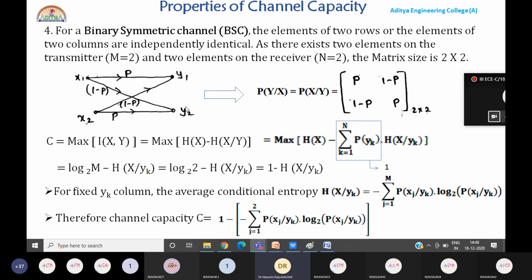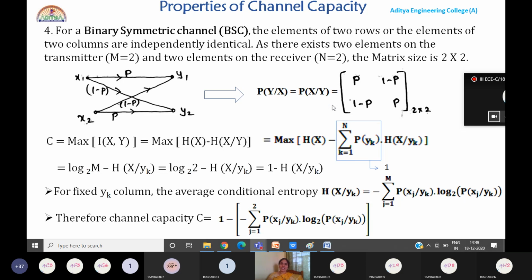Okay, so this is a corresponding binary symmetric channel, and here you can see the corresponding probability matrix. So here we are calculating the probability of Y knowing the receiver X1 and probability of X knowing the receiver Y. So then the corresponding conditional probability matrix is P of Y by X is equal to P of X by Y is equal to.